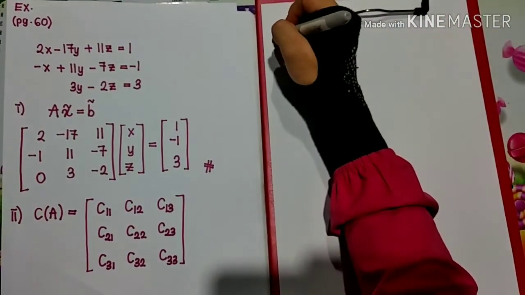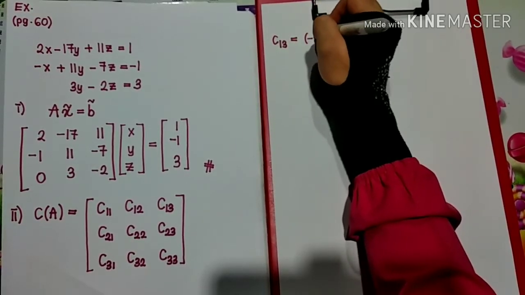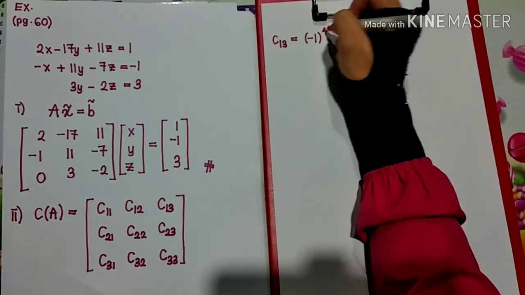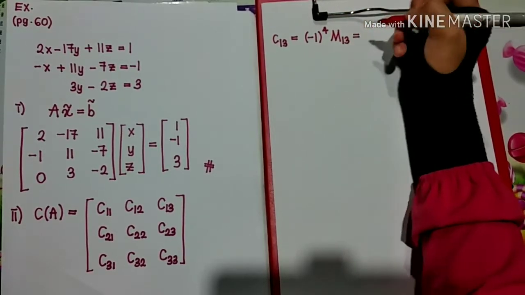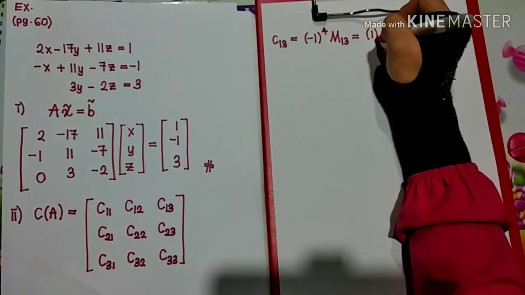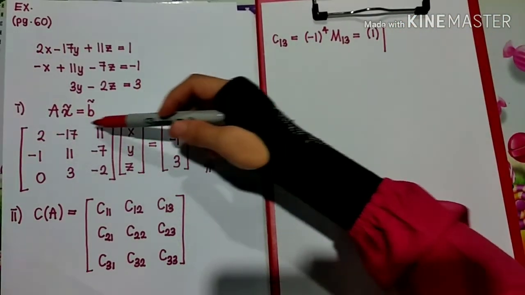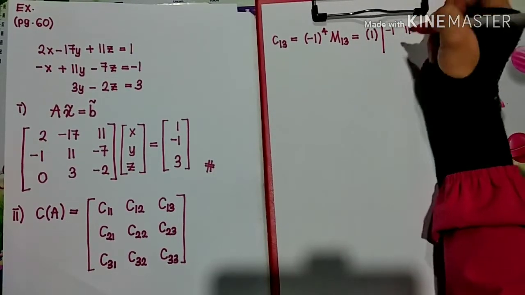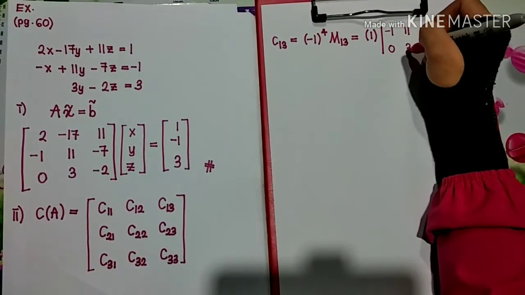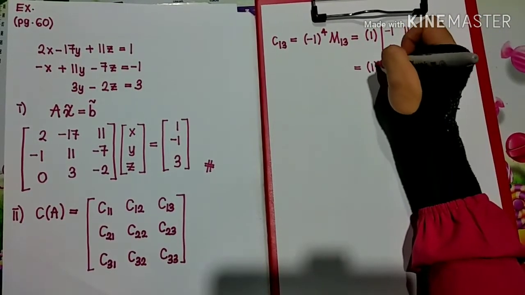Next, we find C13. So negative 1 power 4, M13. So negative 1 power 4 is 1. M13, so we delete first row, third column. So we have negative 1, 11, 0, 3. We solve this one, which will be 1.